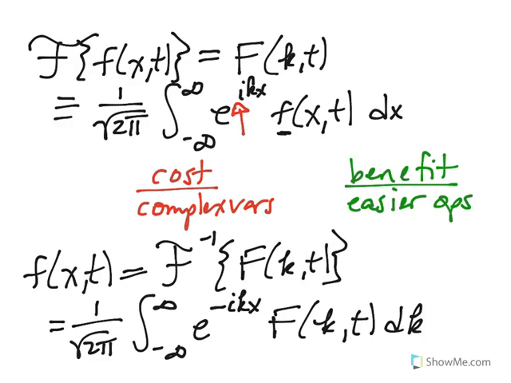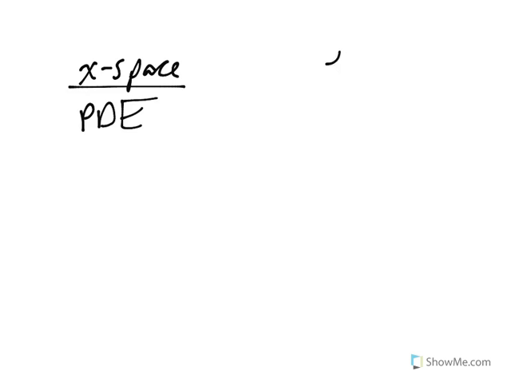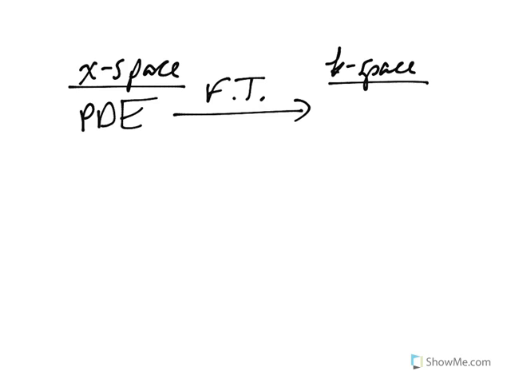Now, how do we use these definitions? Well, imagine we have some kind of problem in x space, in real physical space. Maybe it's a partial differential equation, or PDE. What we're going to do is transform, using the Fourier transform, into k space. Then in k space, we're going to solve it. And we do it there, again, because it's easier to do it there.